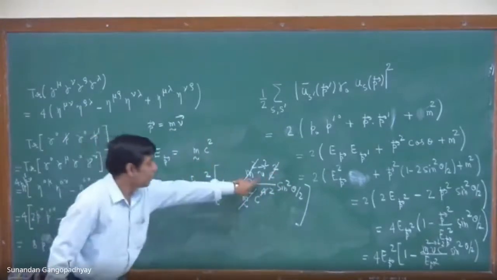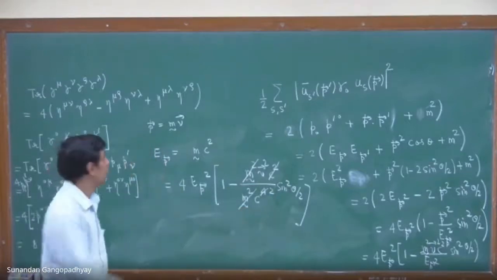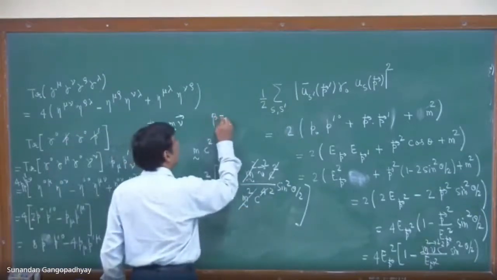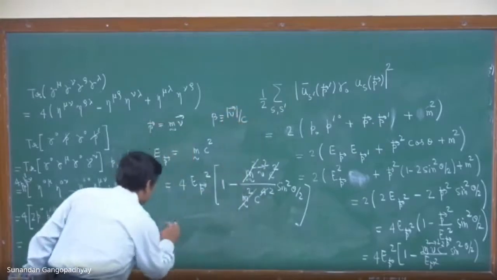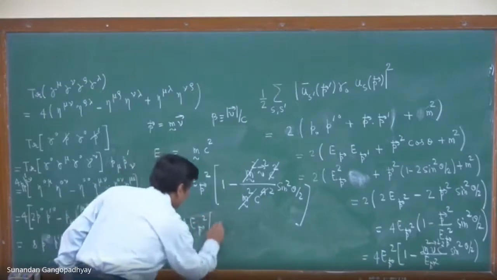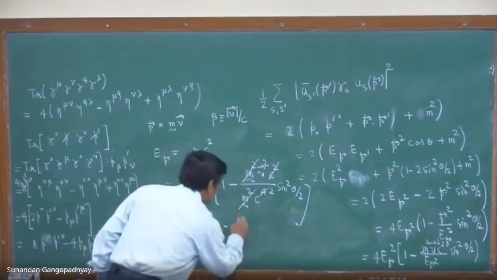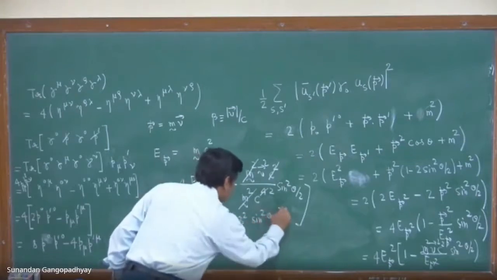Now you have p square by c square, which is beta square, where beta is mod p by c. So we therefore have 4 E_p square (1 minus beta square sine square theta by 2).